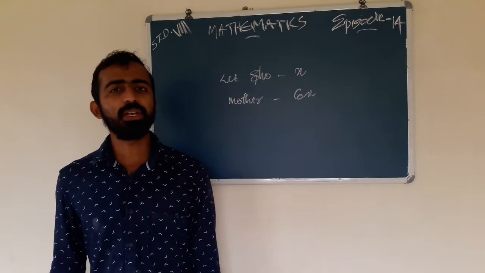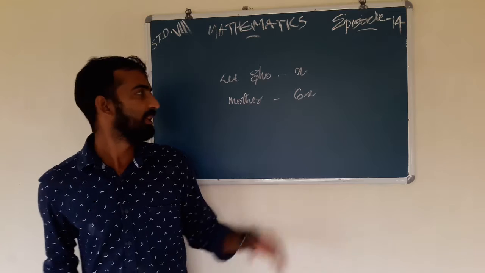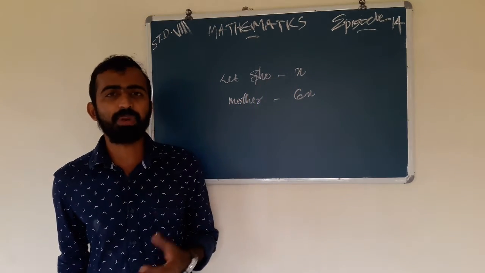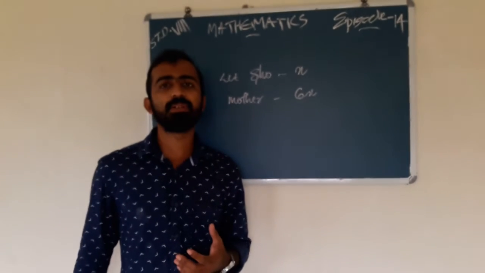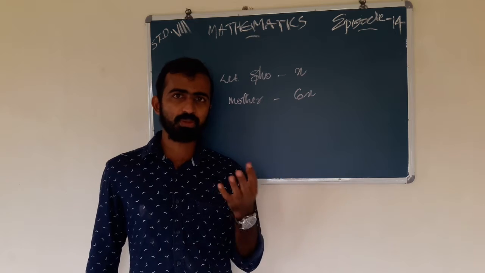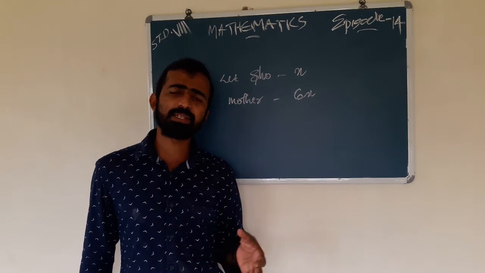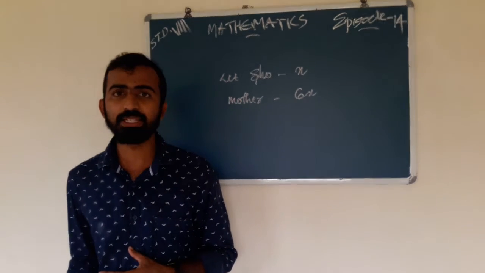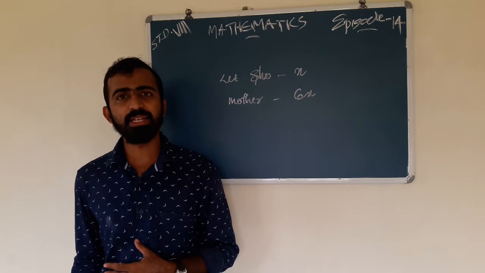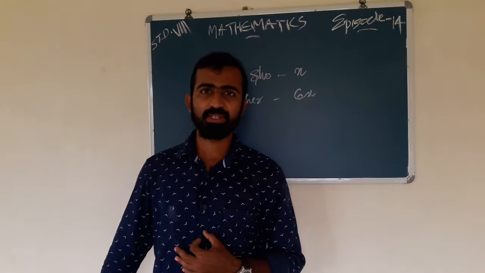In the question, they say Shobu's mother's present age is 6 times Shobu's age. When we take Shobu's age as x, then mother's age is 6x. Next, what is after 5 years?